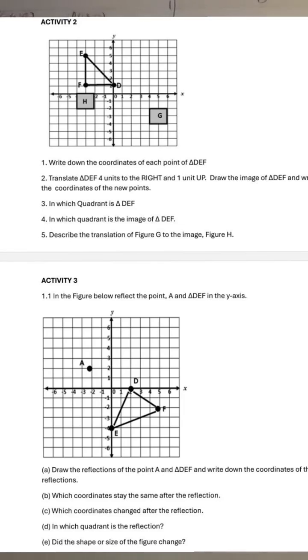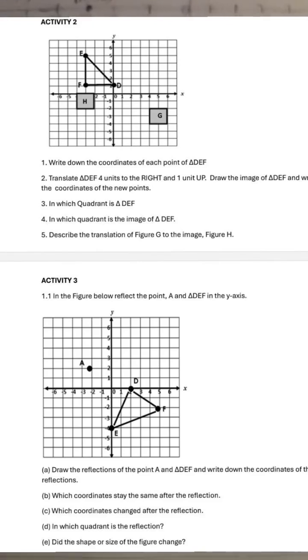We're still speaking about the same shape. So we can clearly conclude that there is definitely a translation that has taken place. We are only going to describe the change of image G to H in terms of translation.